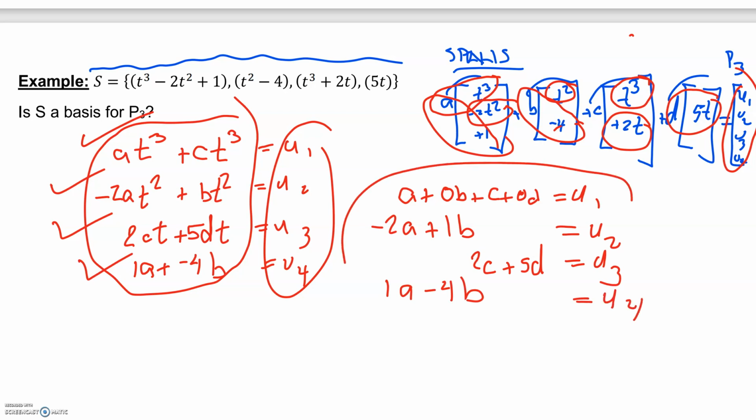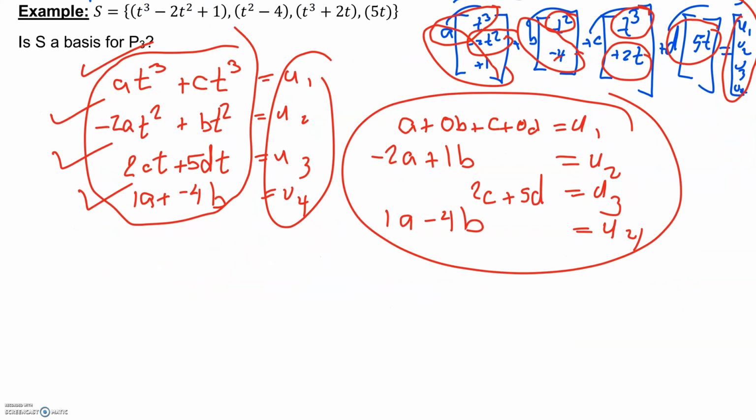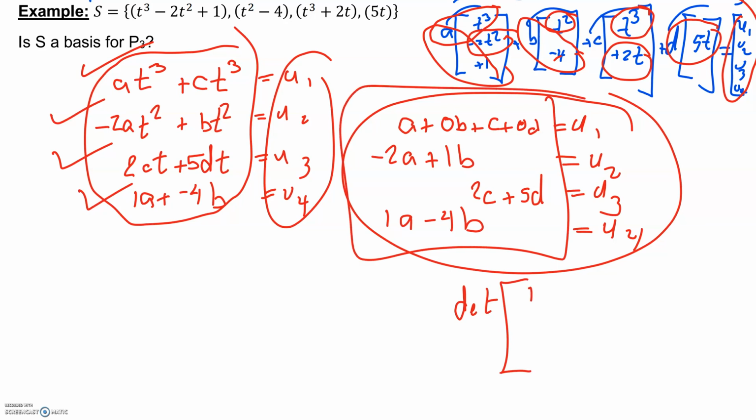And we want to know, does this work? Is this a solution? Well, what we would do is we would go ahead and find the determinant of the coefficient matrix, right? So A, B, C, D, for each row.